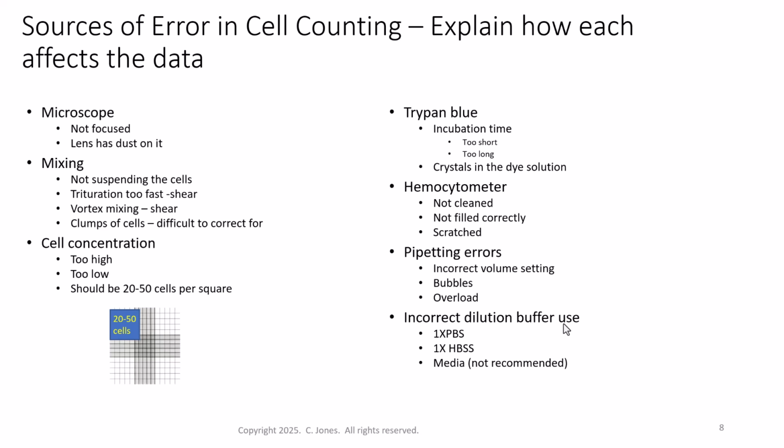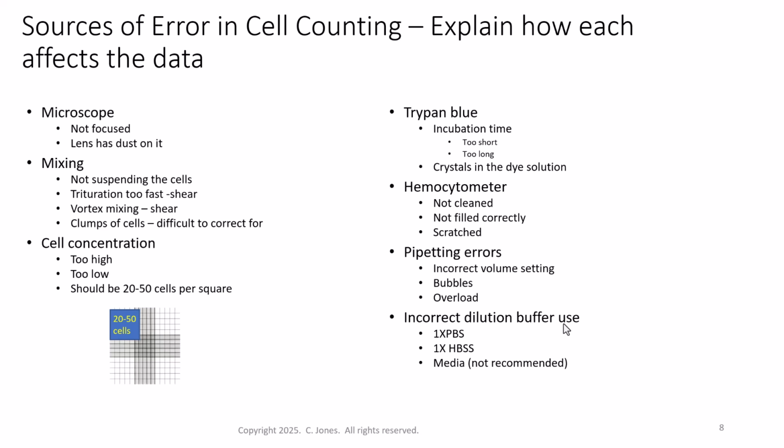And then if you don't use the correct buffer to dilute, you can actually kill your cells. So again, we recommend 1x PBS or 1x HBSS. Some people use media. I don't really recommend that. One, because it's expensive. Two, you risk contaminating the media. Three, there may be a component in the media that changes the way things stain.